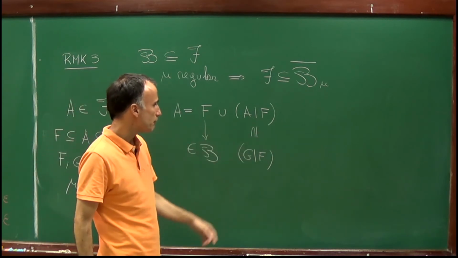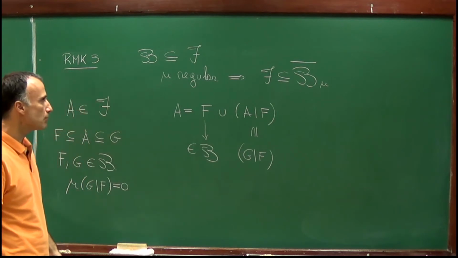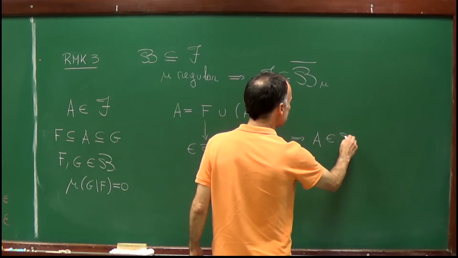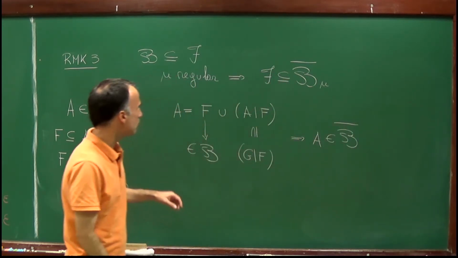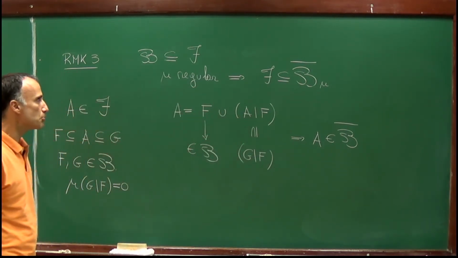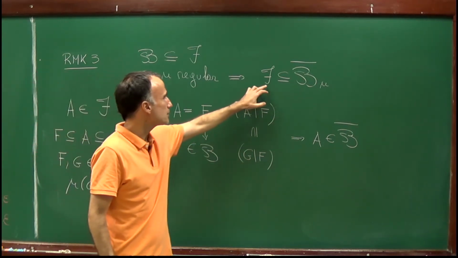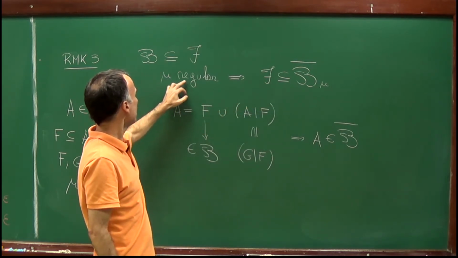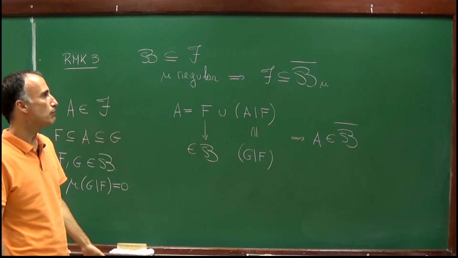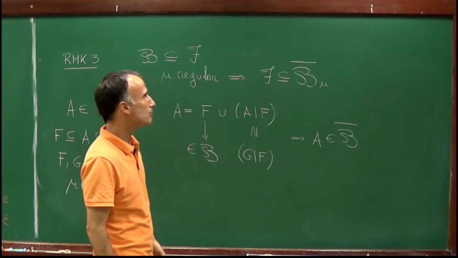Therefore, the set A minus F is contained in a set which has measure 0, which means that A minus F is negligible, and this proves that A belongs to the completion of B, because we wrote A as the union of two sets, one of them in B and the other one negligible. So this proves that if a measure is regular, then the sigma algebra on which mu is defined is certainly contained in the completion of the Borel sigma algebra, the completion of the sigma algebra generated by the open sets.